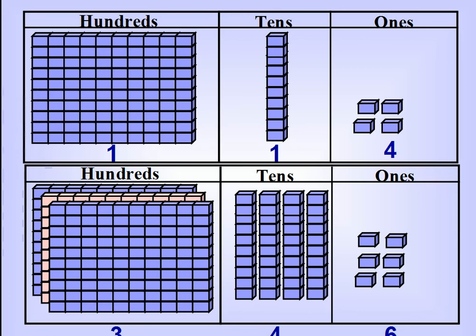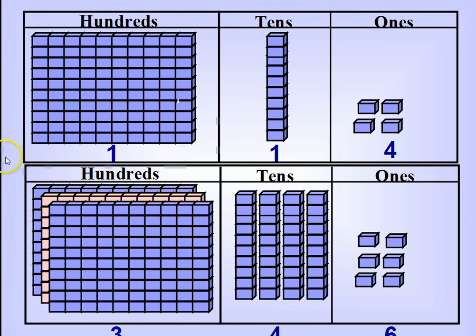Okay, and so which number would be biggest in this case? The one that we have 300 in. Also, if you need to see, you have 4 tens compared to 1 ten and 6 ones compared to 4 ones. But you only go to look at these if these are the same.